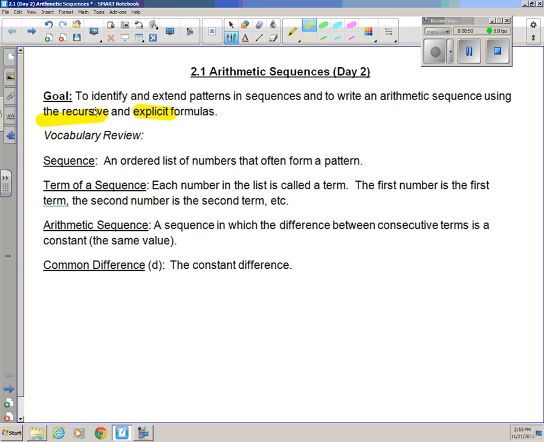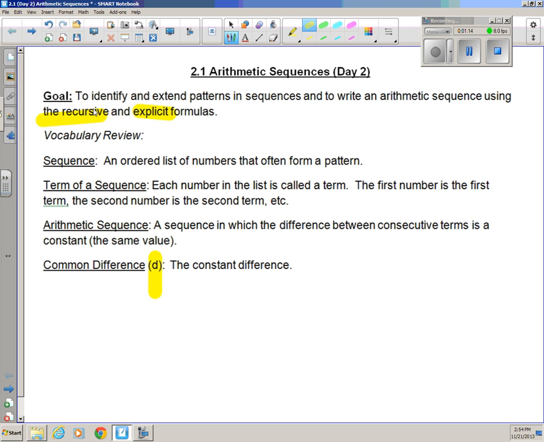It's the same value. So the other day we had numbers like 1, 3, 5, 7, 9. That would have a common difference of 2 because from one number to the next, you were increasing by 2. The common difference, which we don't use the letter D for, is what you're increasing by or decreasing by.